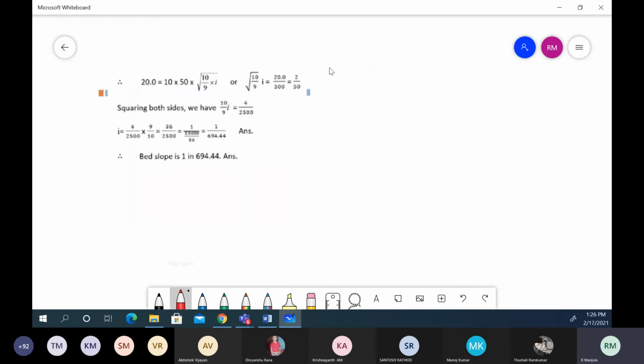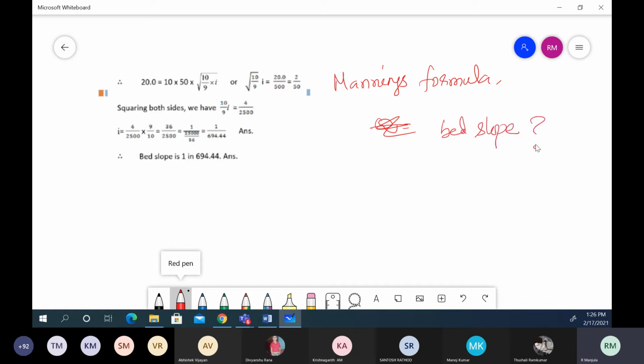Similarly, using Manning's formula, what is the answer? S is equal to 0.068 using Manning's formula.